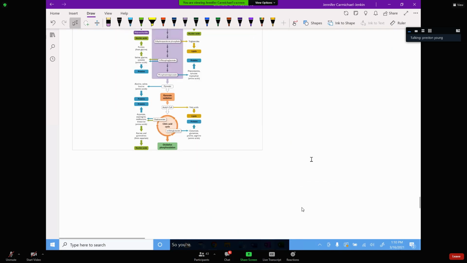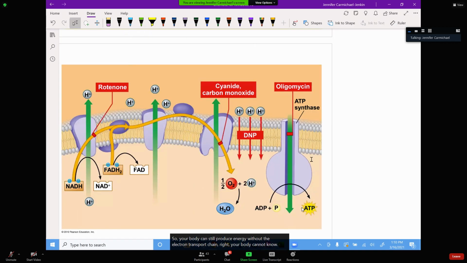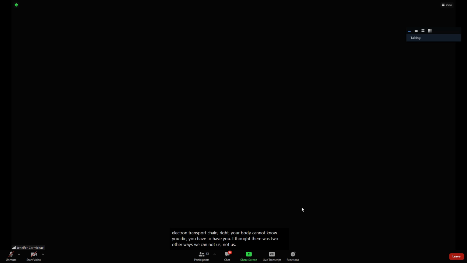So your body can still produce energy without the electron transport chain, right? Your body cannot. Nope, you would die. I thought there were 2 other ways we can. Not us. Life as a whole can utilize any of those combinations, but us as individuals, we only use aerobic respiration.